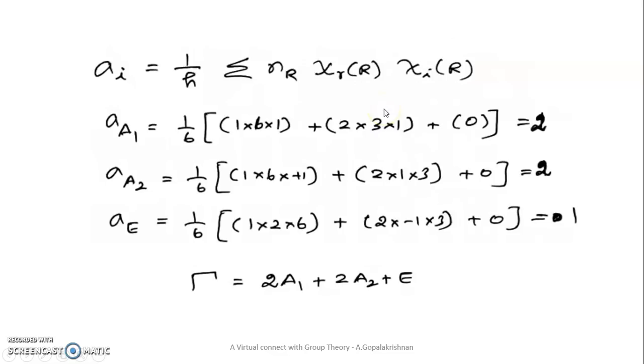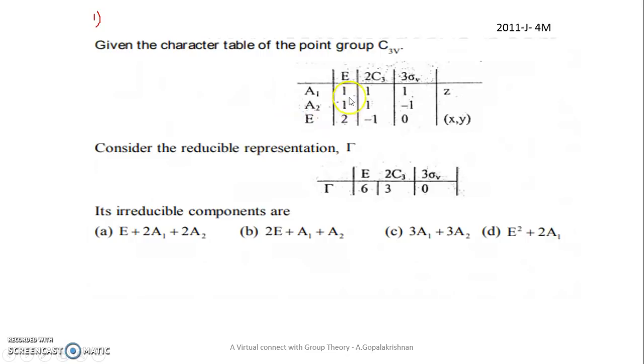So how to calculate A1? The number of A1 present in the reducible representation is 1 by h, where h is 6. What is h? It is the order of the group, nothing but the total number of symmetry operations present in the group. In the C3V point group we have 6 operations in total, 3 plus 2 is 5, 5 plus 1 is 6. So the order of the group is 6.